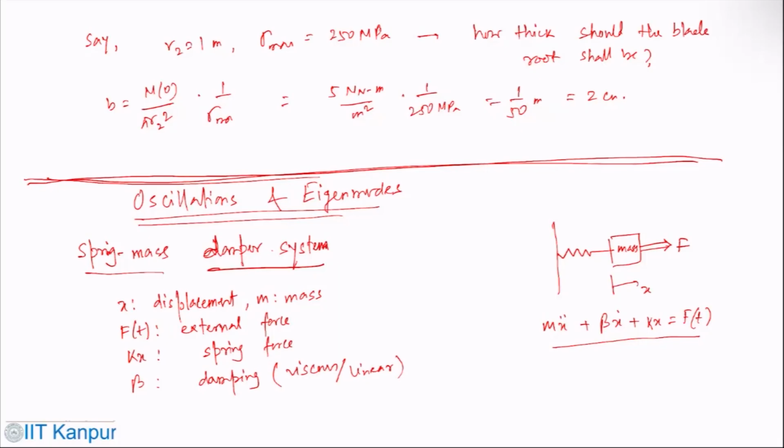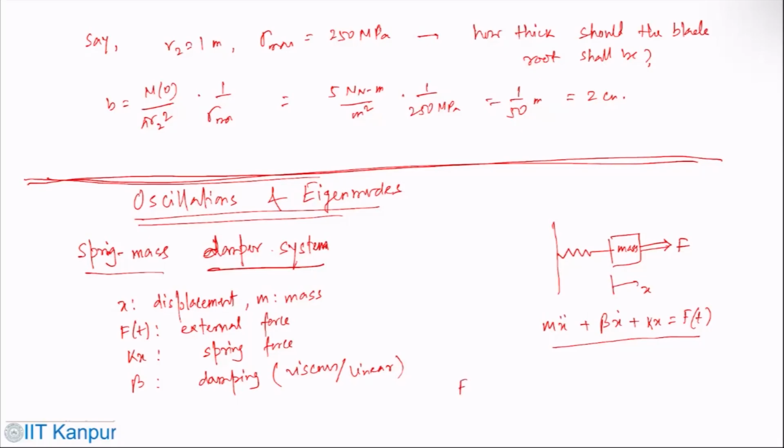Once we find the solution for this particular system, we can again try to correlate with our rotor system and see how we can go about it.